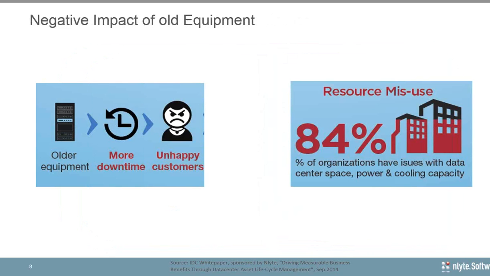Whether they're internal customers in the IT organization or your business, or external customers, if you're in financial services, manufacturing and ordering, or online retailing, you name it, this downtime leads to negative impacts with customers.